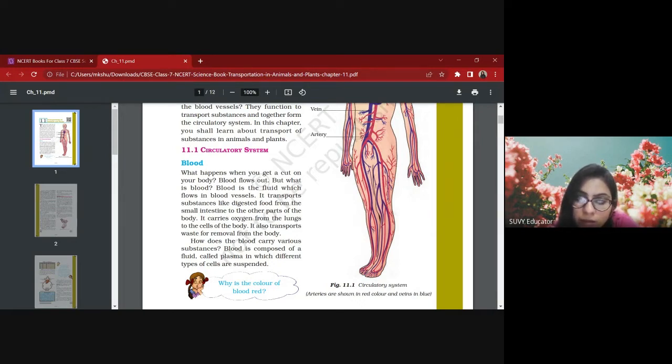You will pack the substances you need to transport, book a vehicle, and put all the substances into the vehicle, and that vehicle will transport your substances from your house to your friend's house. In the same way, there is a circulatory system, that is blood.